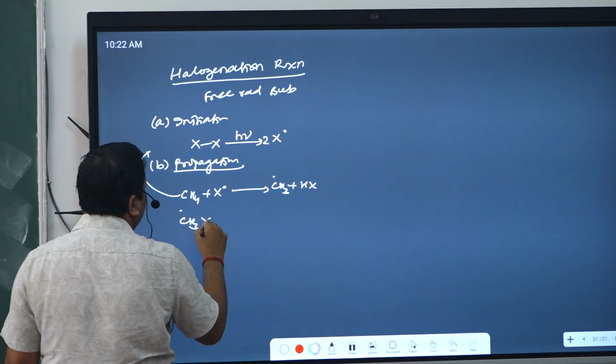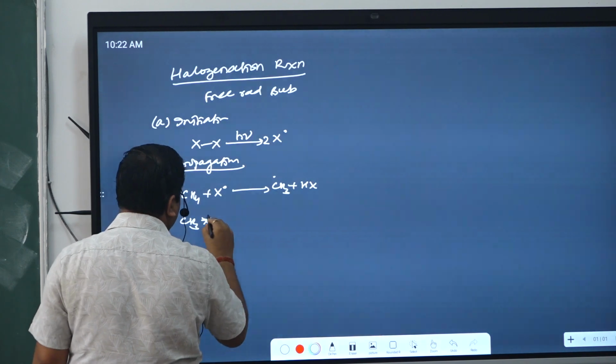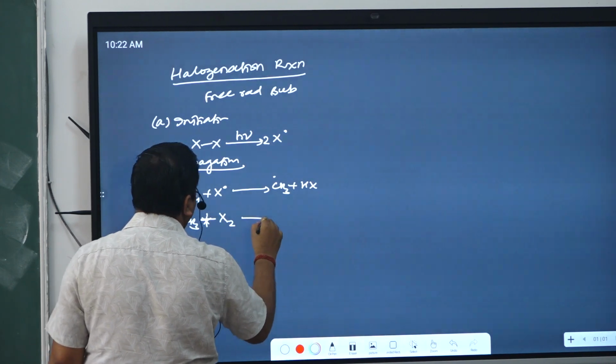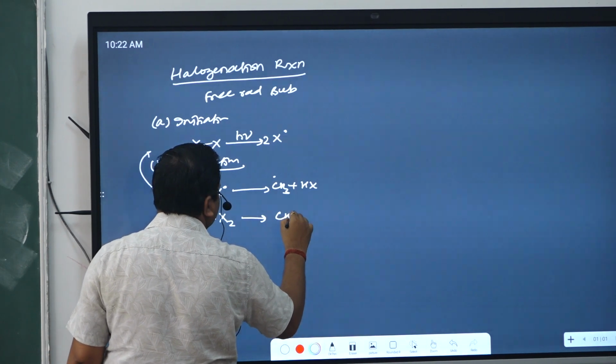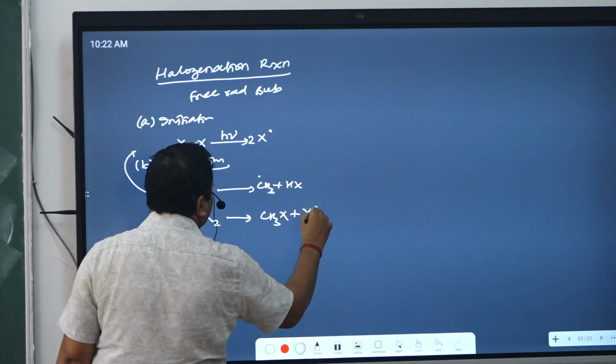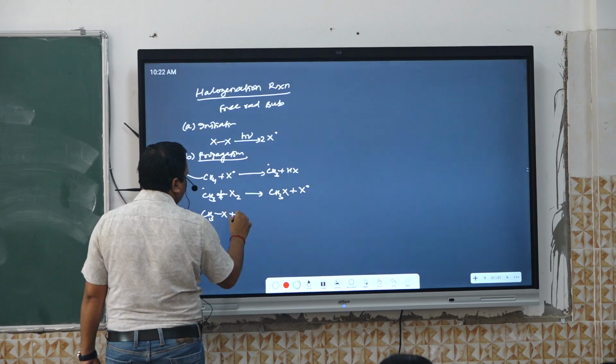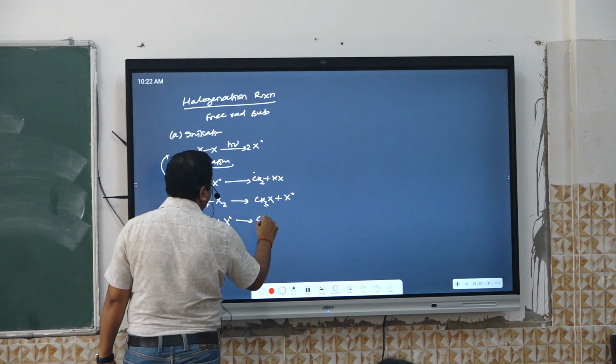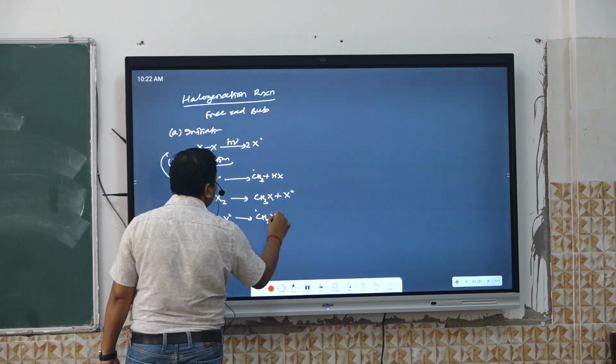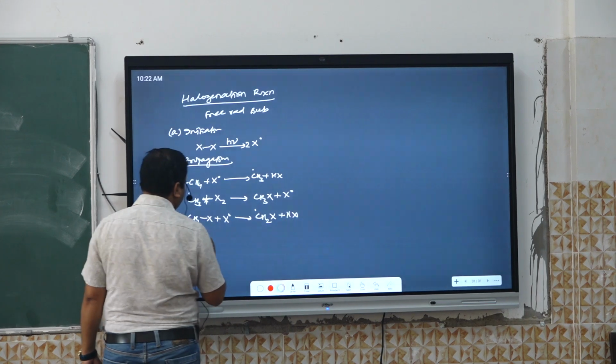Then CH3 dot plus X2 gives CH3X plus X dot, then CH3X plus X dot gives rise to CH2X and HX.